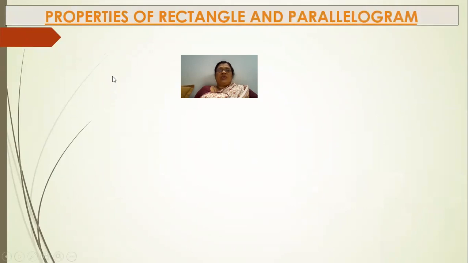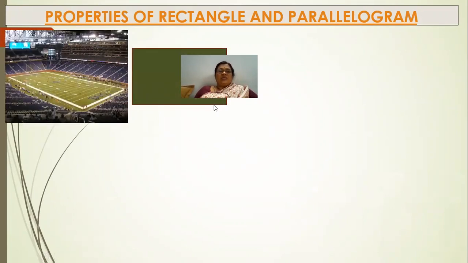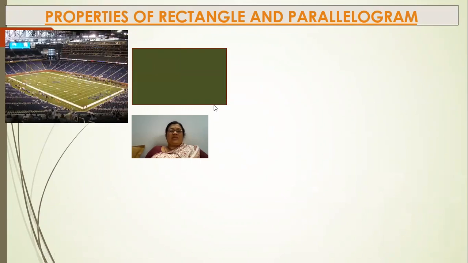Now let us move on to the properties of a rectangle and a parallelogram. This one, the cricket stadium, looks like a rectangle. This is an indoor stadium, isn't it? The plane which we observe here resembles a rectangle.